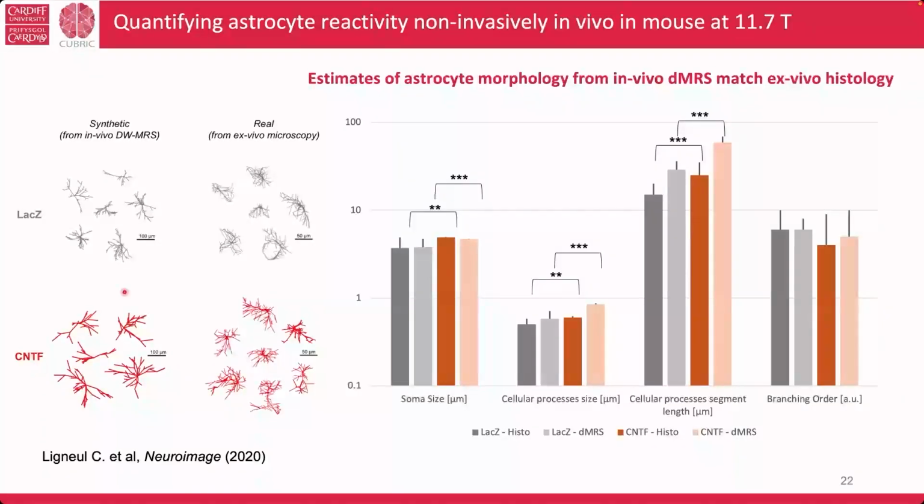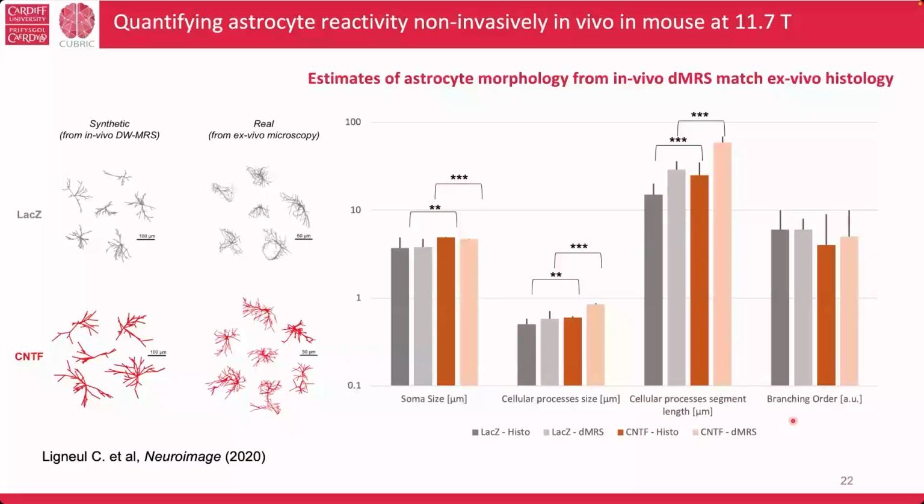And here again, we were able to show, also with direct comparison with real microscopy data from the same animal, that we were able to capture the most relevant features of the cellular morphology, in this particular case of the astrocytes. And here you can see in dark and light the comparison with the histology of some of the features we estimated, such as the soma size, the cellular projection size, and the branching order.